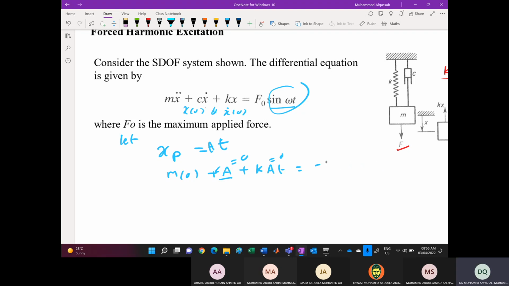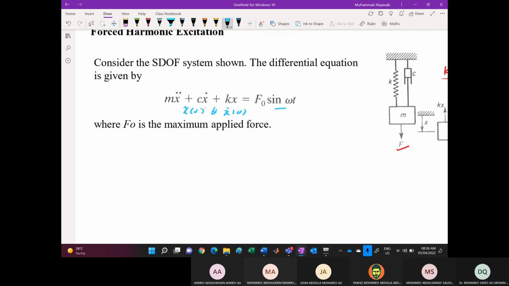So the only assumption we can make for the particular solution is to have sine omega t. So it is not by derivation, it is by matching. The right-hand side contains sine omega t, then x equal to a sine omega t minus phi.